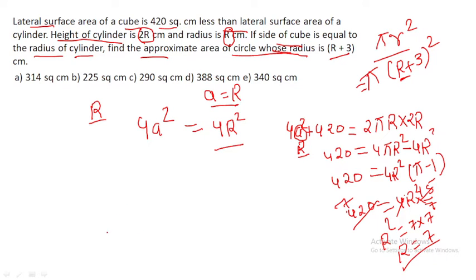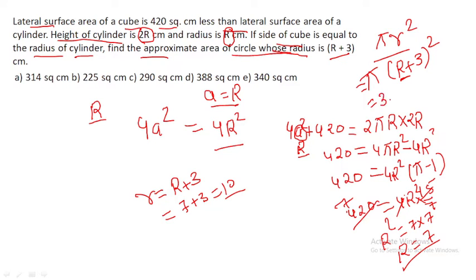Now we got the value of capital R, right? So we'll get the radius of that circle whose area we have to calculate. The radius of that circle will be equal to capital R plus 3. So 7 plus 3, which is 10. Now we can put the value in what we have to calculate, the approximate area of the circle.